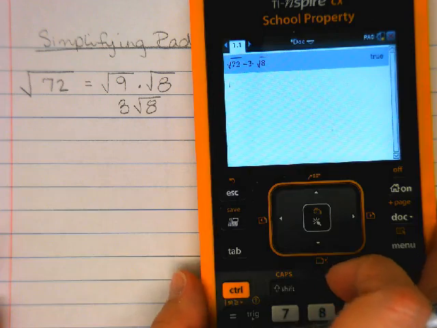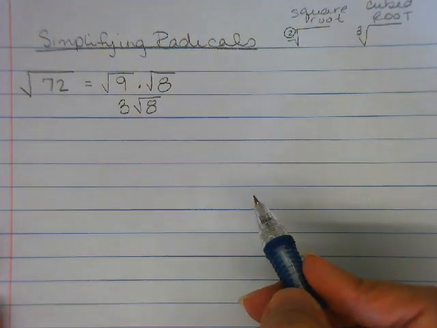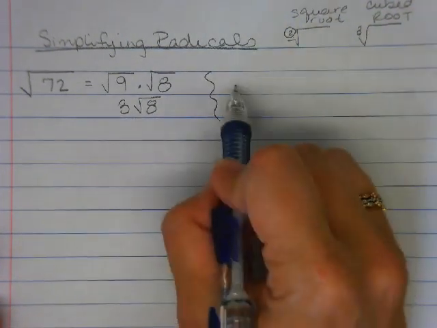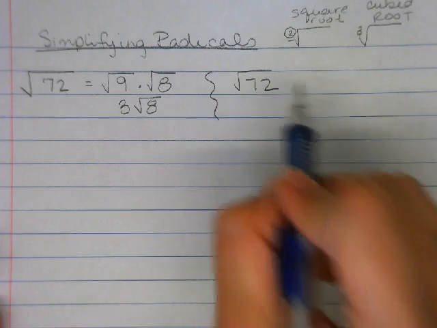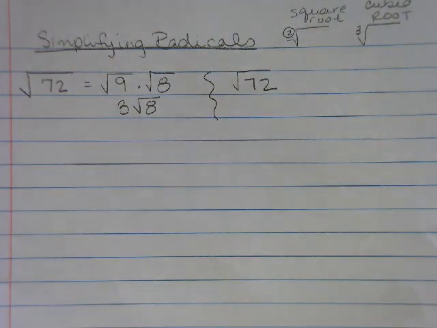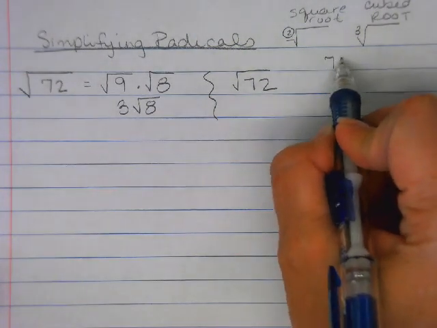Sometimes finding that perfect square is not super easy. So another way we could do this is going back to the factor tree that we did in 6th grade. In 6th grade, we learned how to break everything down into primes, right?